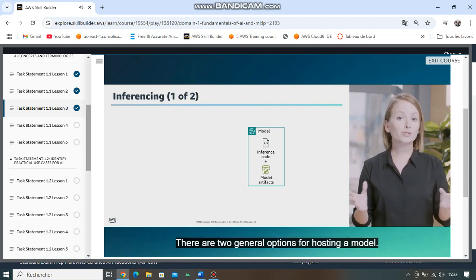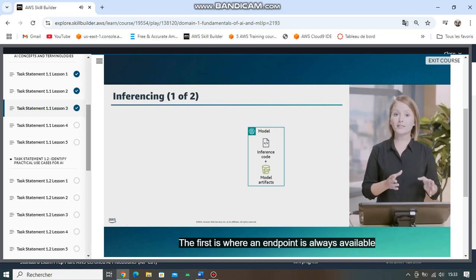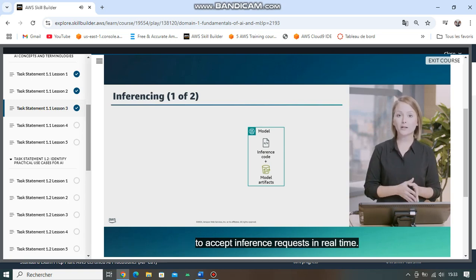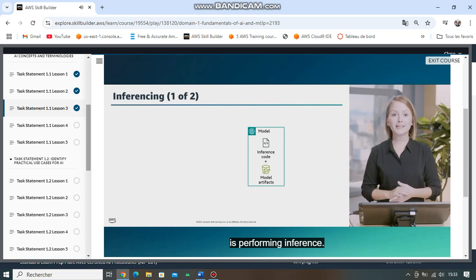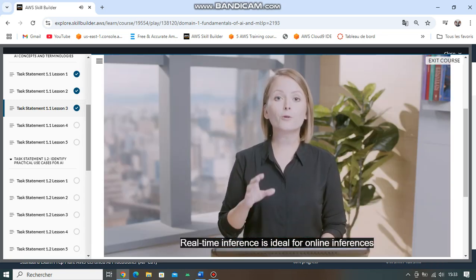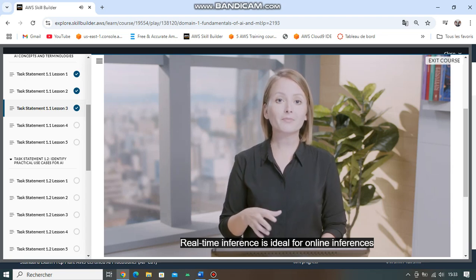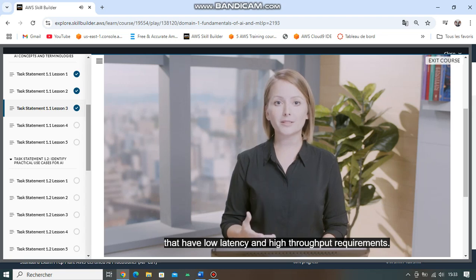There are two general options for hosting a model. The first is where an endpoint is always available to accept inference requests in real time. And the second is where a batch job is performing inference. Real-time inference is ideal for online inferences that have low latency and high throughput requirements.